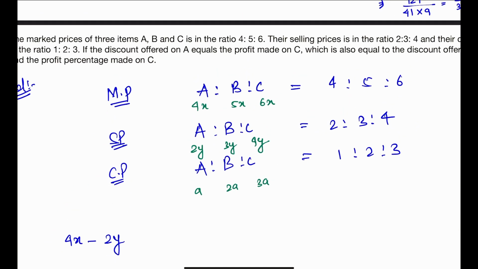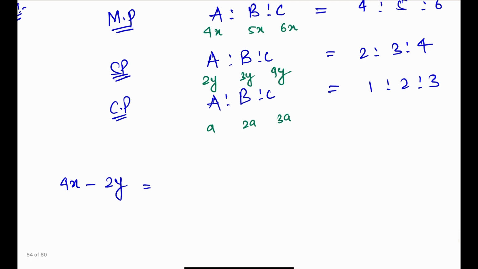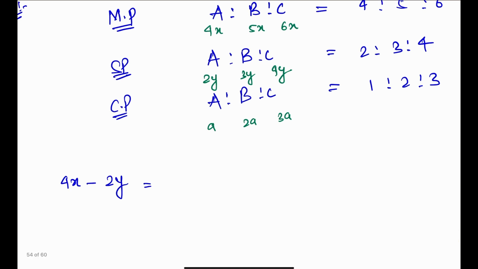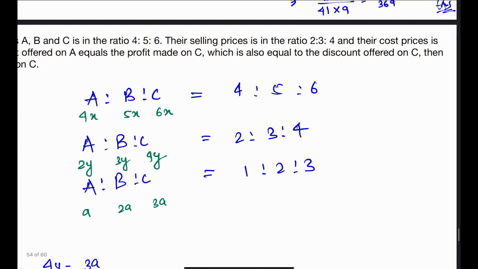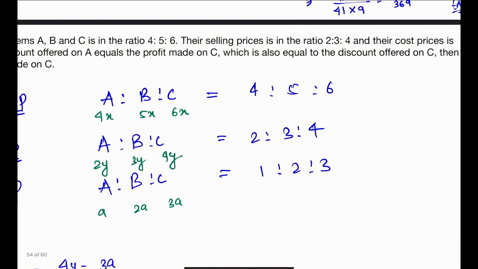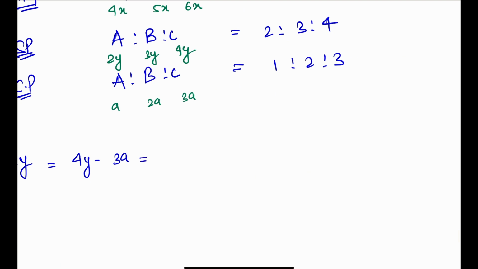Discount offered on A is equal to the profit made on C. So profit is selling price minus cost price, 4a minus 3a, okay, which is also equal to the discount offered on C. So this is also equal to discount offered on C.